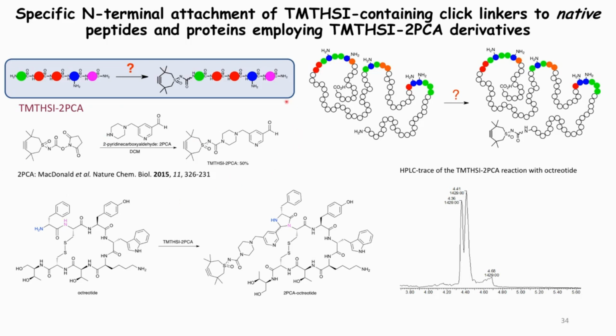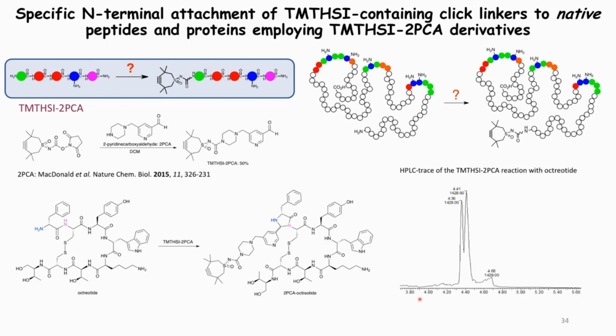Synaffix. And we took this particular reagent, we took octreotide, which is containing also lysine, and we just got one product. And actually, I have to be a little bit more honest. It's one product, but it's a diastereomeric mixture. But it's one product that is reacting only with the amino terminus of this cyclic peptide, giving rise to the formation of this diastereomeric mixture, which can be easily seen in the HPLC trace.